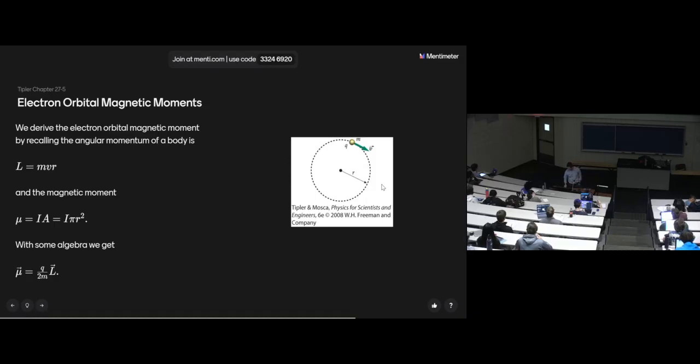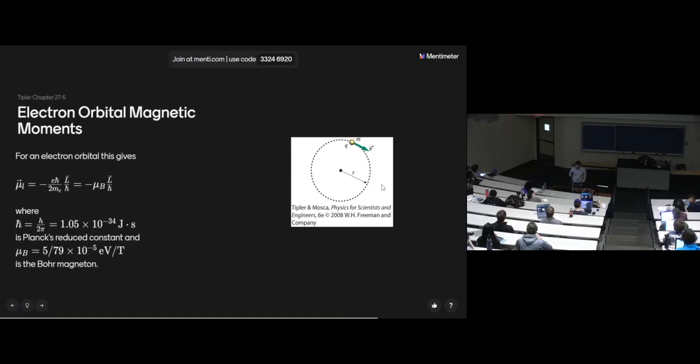However, for an electron orbital, it turns out that this comes out to be minus e h bar, where h bar is the reduced Planck constant, divided by 2 times the electron mass, times L over h bar.